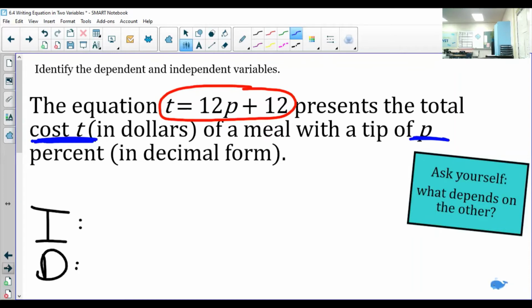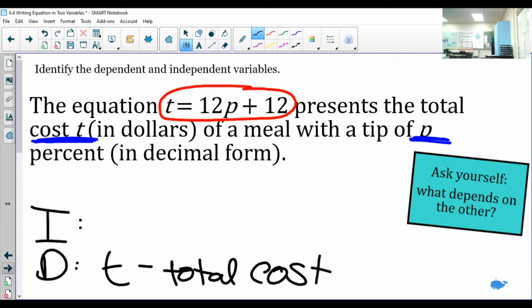Does my total depend on how much I tip, or does how much I tip depend on the total? Well, think that through, and your total cost is going to be dependent on whether or not you leave a big or a small tip. So the dependent variable in this case is going to be the cost. It's going to be t, the total cost, which means the other variable p for the percent is going to be independent.